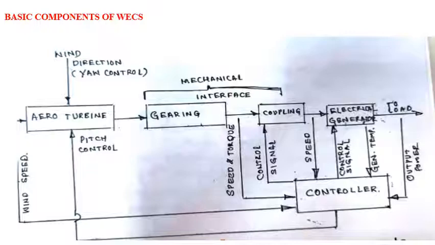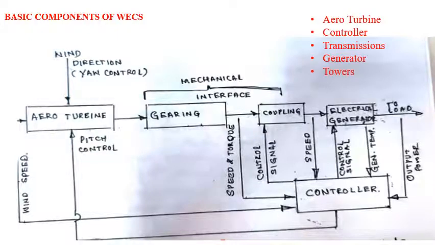The output of this generator is connected to the load or power grid as the application requires. So the basic components are the aero turbine, controller, transmission, generator, and tower. These are the important components of a wind energy conversion system.